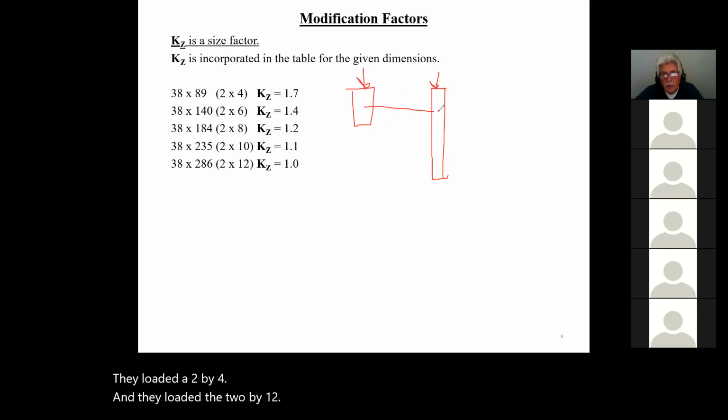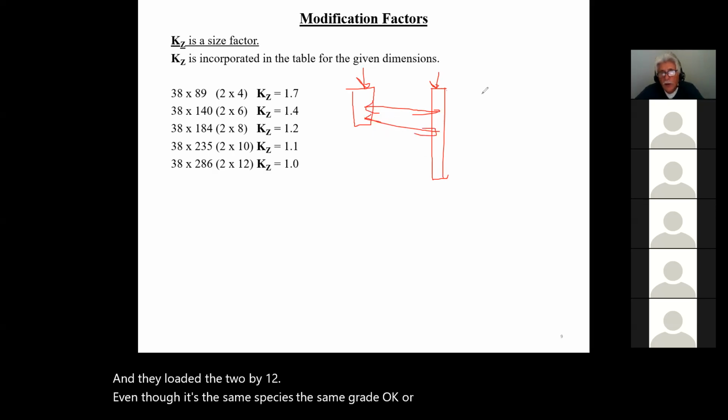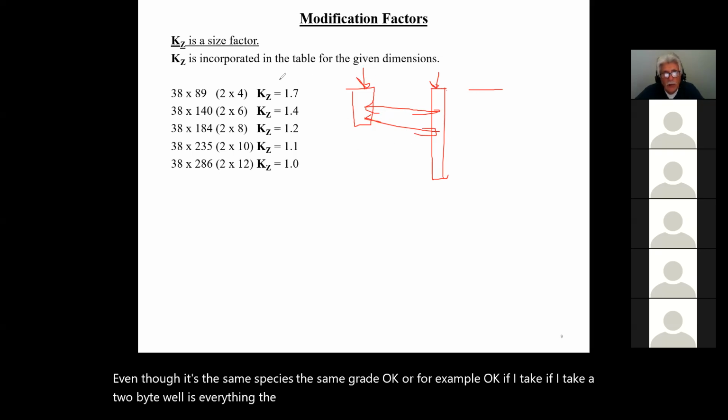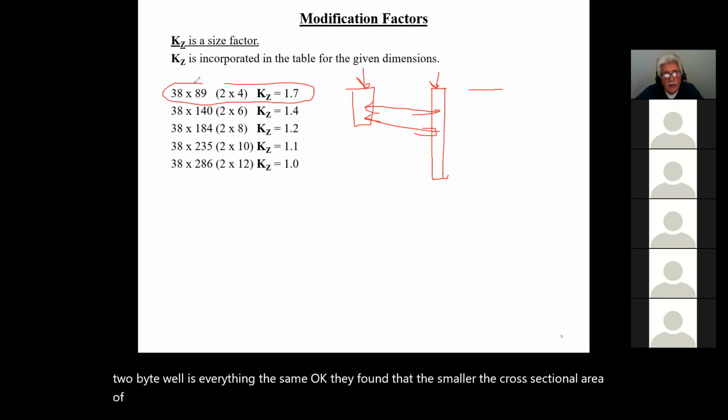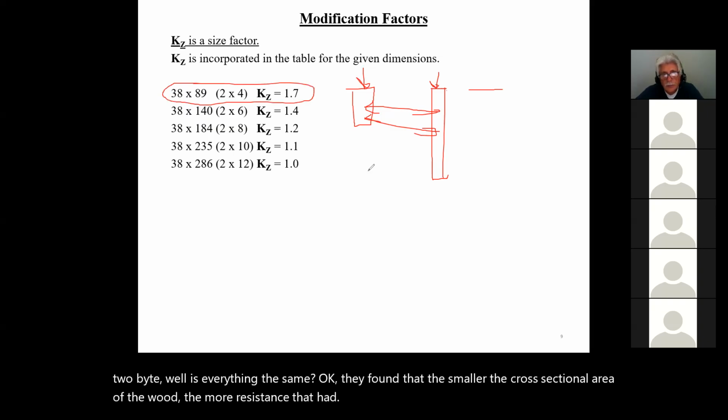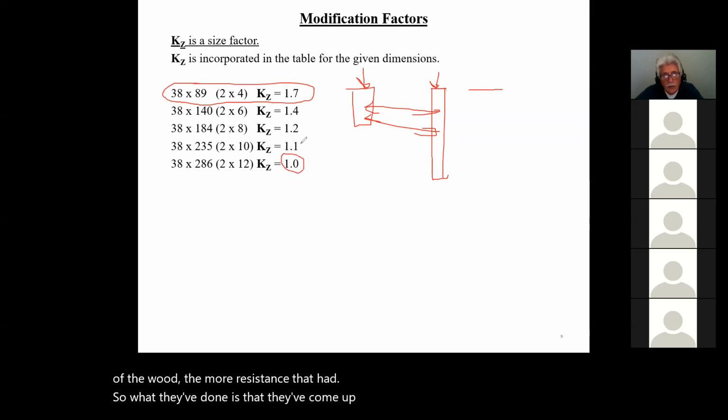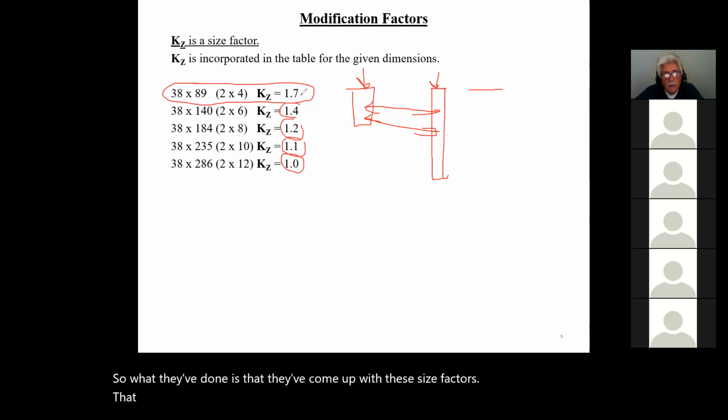Even though it's the same species and the same grade, everything's the same, they found that the smaller the cross-sectional area of the wood, the more resistance it had. So they've come up with these size factors that will increase the value of MR as the piece of wood gets smaller, as the cross-sectional area gets smaller.